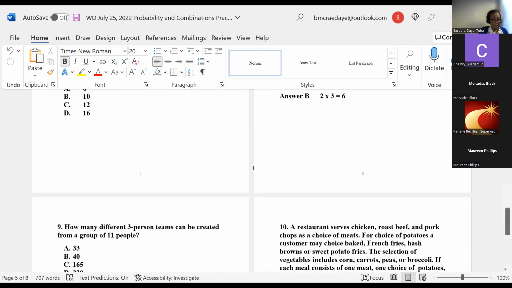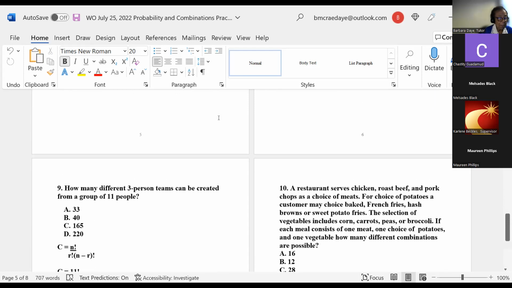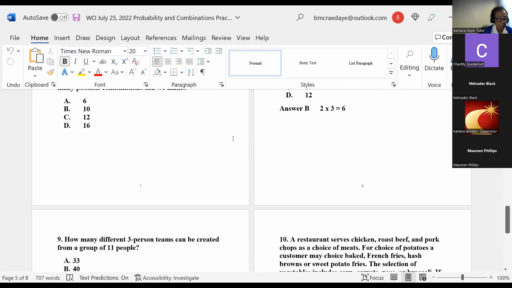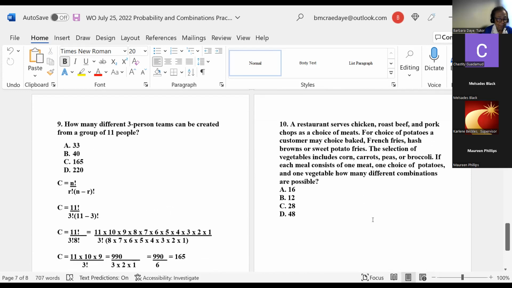Now number 10 is another one, and number 10 is really just like 6. So what's the answer for number 10? Now you have meat.